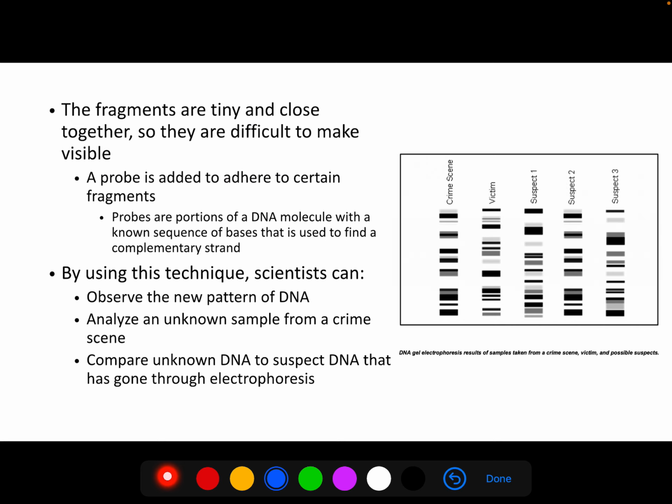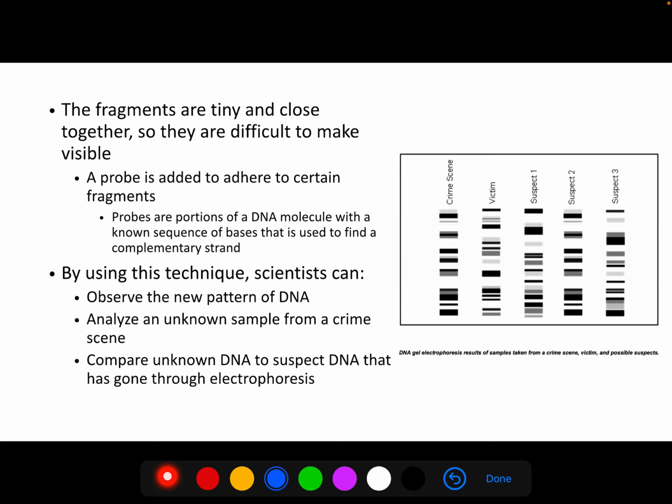So the DNA fragments, like we said, we push them through the gel. They are tiny and very close together, so it's very hard to see them. So we have to make them visible. And how we make them visible is we add a probe. The probes are also coded to adhere to certain fragments.